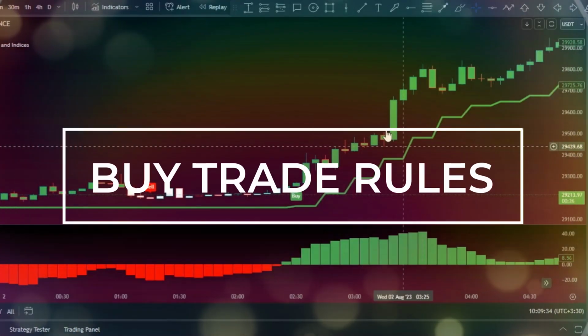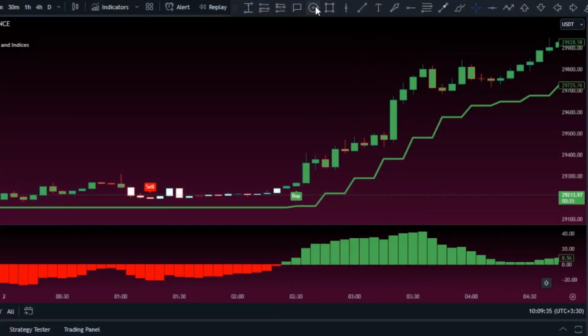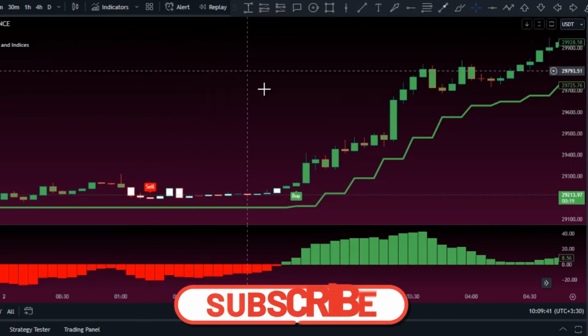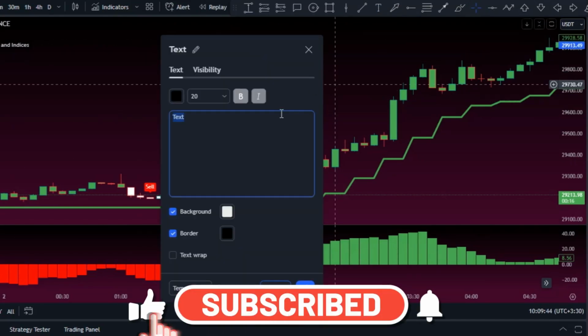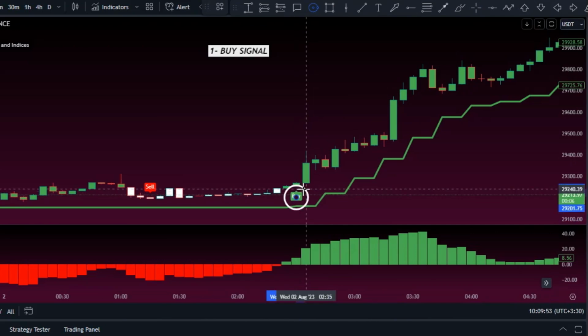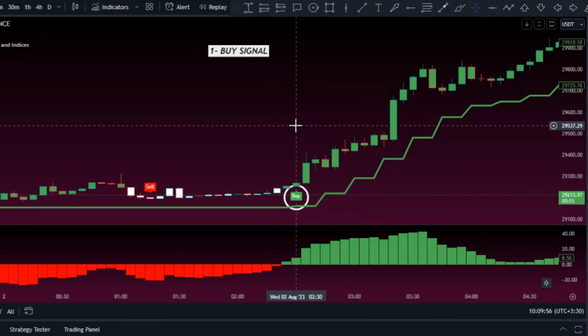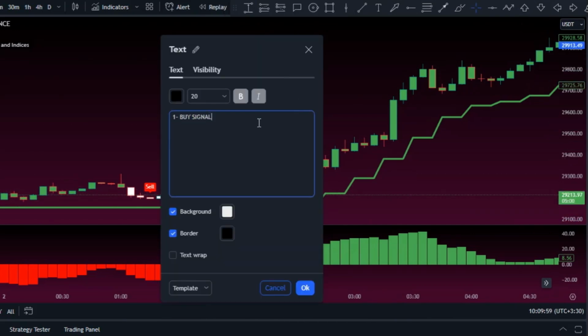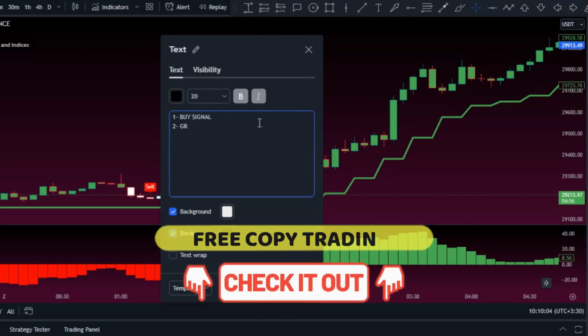So if you want to take a buy trade, we first need to follow these rules. First, we need to wait for a buy signal from the super trend indicator. After the buy signal comes in, the signal needs to be confirmed in multiple steps.